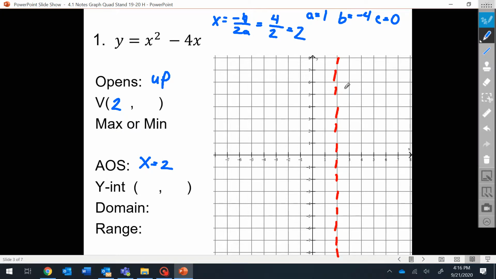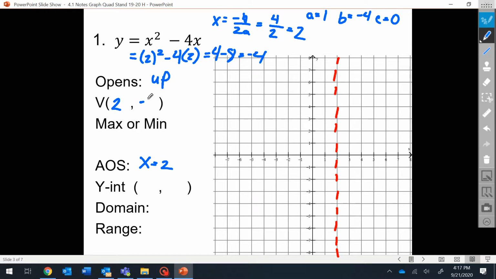The vertex is going to be somewhere on this dotted line, but we don't have the y-coordinate. So we're going to substitute the x-coordinate into the equation to find the y-coordinate. So it'd be 2 squared instead of x squared, minus 4 times 2 instead of 4 times x, which would be 4 minus 8, which would be -4.